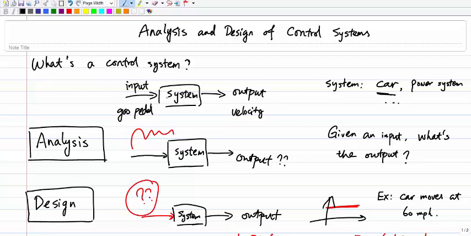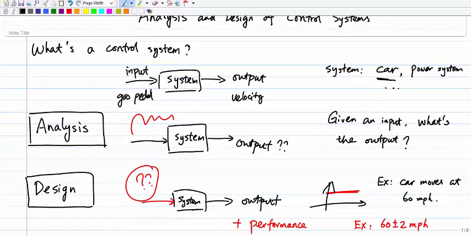One is the analysis of control systems. Analysis talks about what happens if I give a system a certain input. Naturally, if I give an input, you have an output. So the first question is, if I give an input, what is the output?